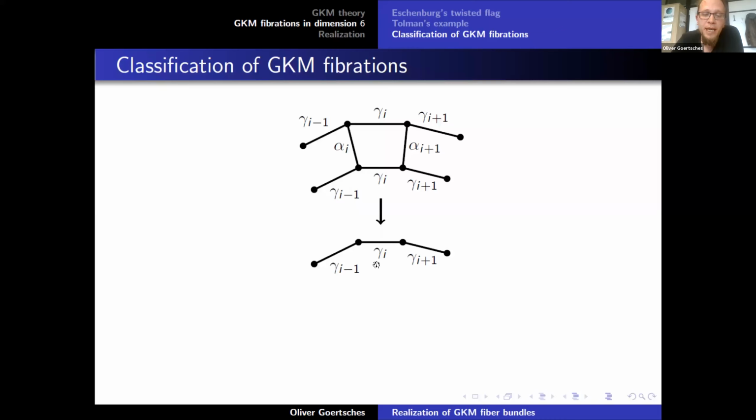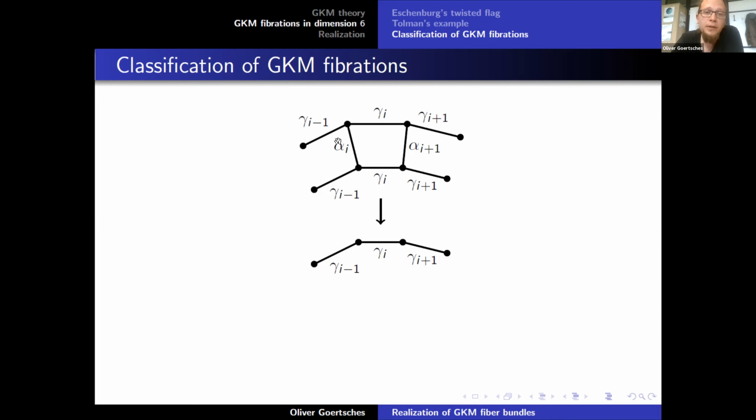So I keep the base graph as a given datum, and I try to understand what are the possible total spaces. I just have to understand what these fiber weights alpha_i look like. And then, what can one do? Because this here is an effective 2-valent GKM graph, at every vertex, the adjacent edges here form a basis of the integer lattice.